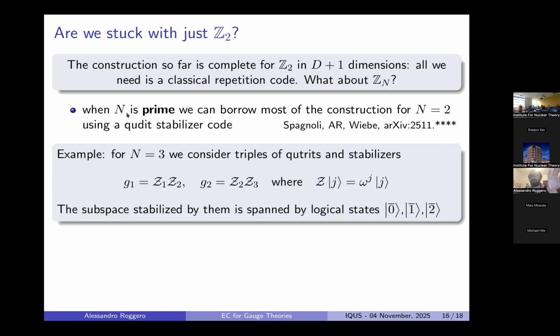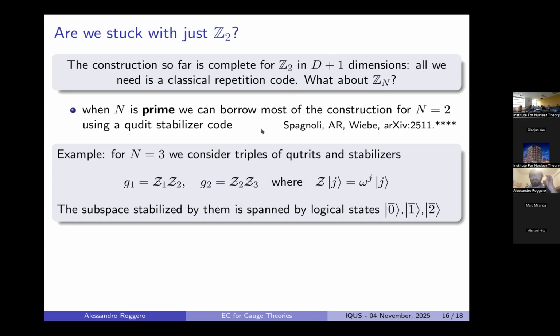If the dimension is not prime, there are some issues with reconstructing the right error when you do it. Okay, but if you want to do, I don't know, Z3, Z5, Z7, all of those, again, in any spatial dimensions, can be done essentially with the same construction I told you so far, okay, with just minor modifications of what you need to do to the sites, okay?